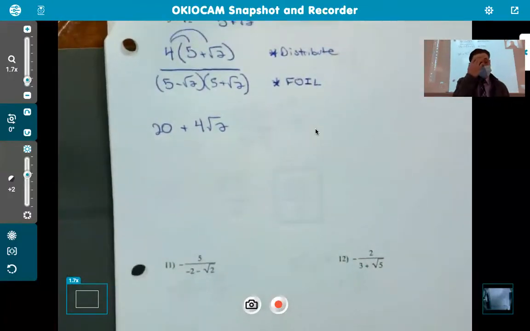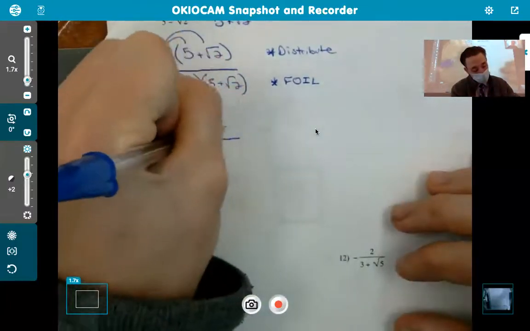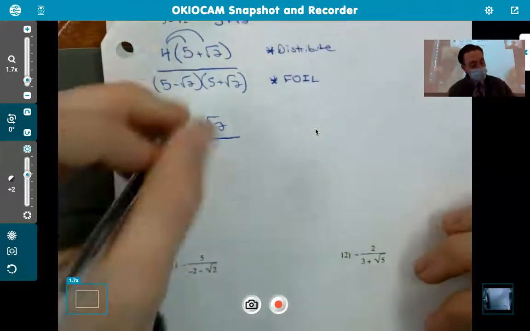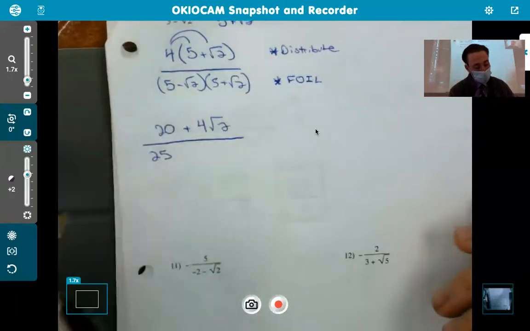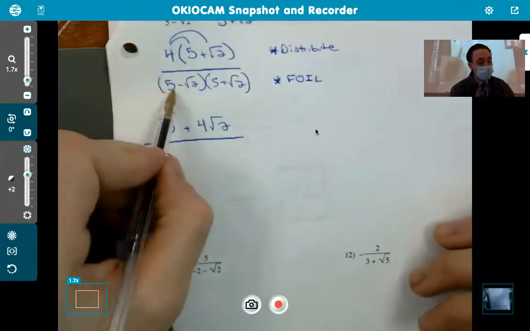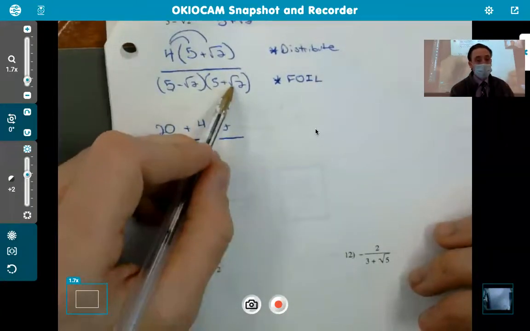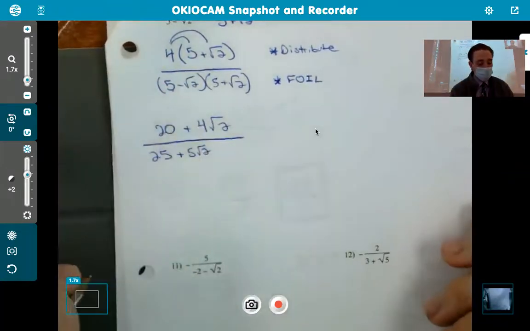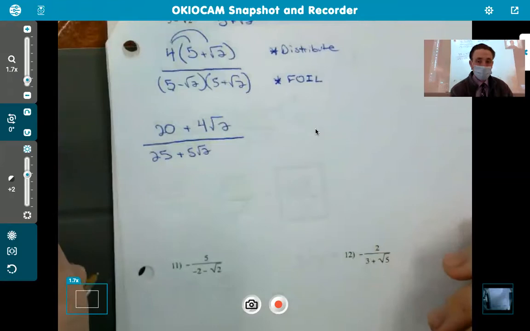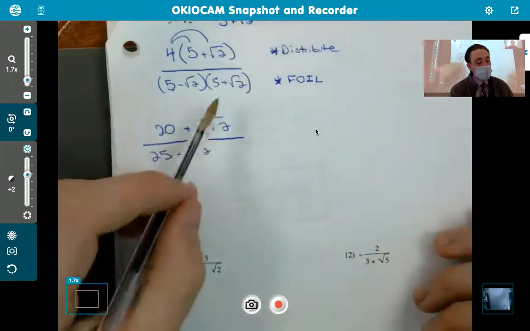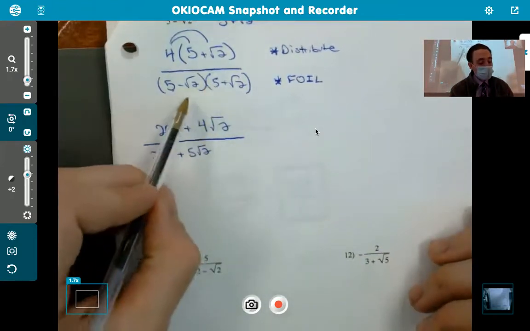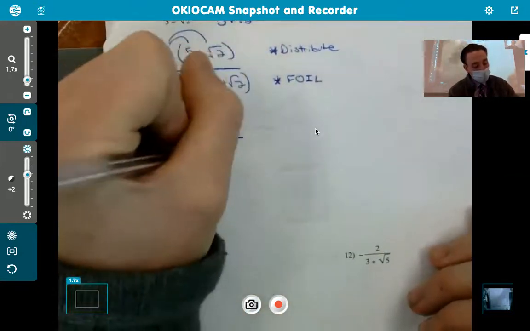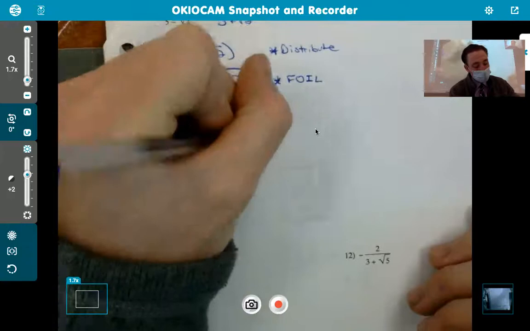In my denominator, if I FOIL, that means I multiply the first terms together. So 5 times 5, well, that's going to give me 25. 5 times positive root 2 is just positive 5 root 2. Five times negative root 2, well, that's a positive times a negative, so it's going to give me a negative. And then I have 5 root 2 again.